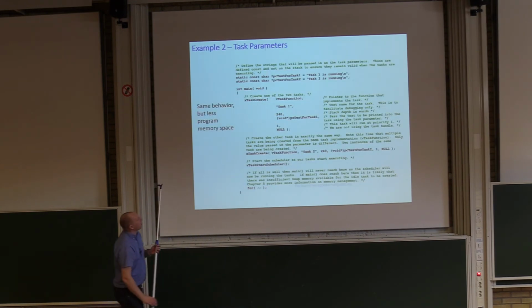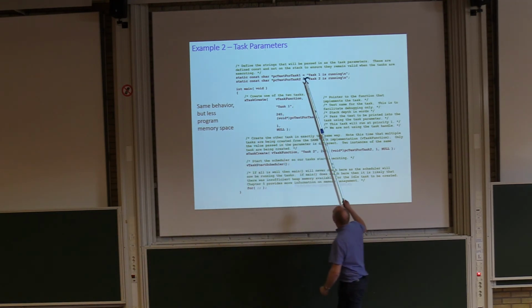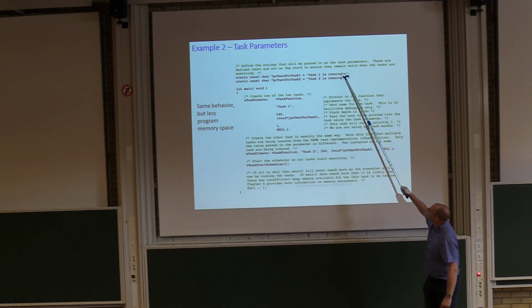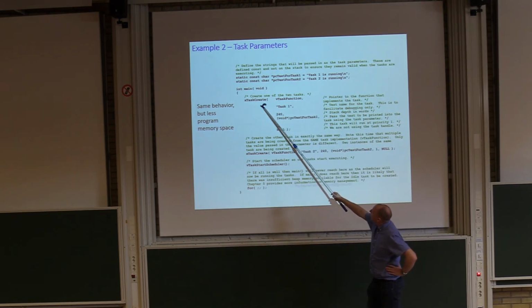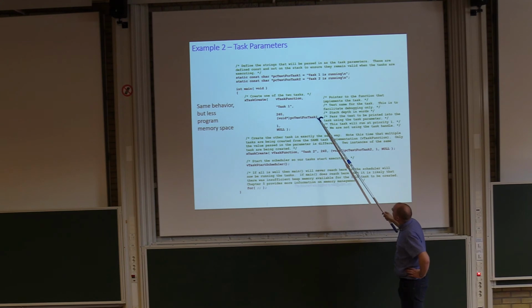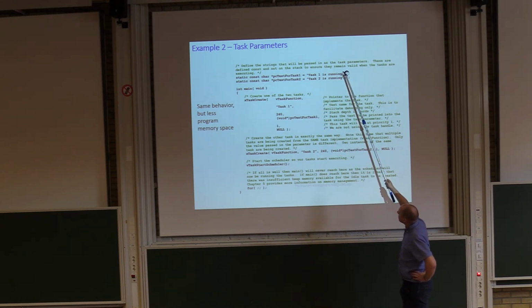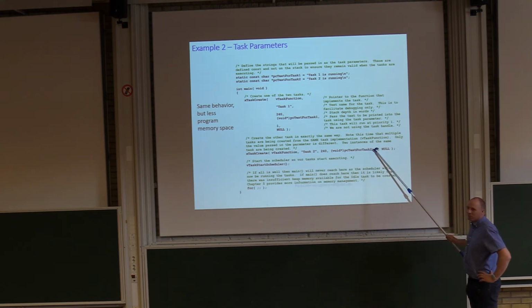If we look at the main program in this case, we create two global variables, one for task 1, another one for task 2. When we create the two tasks, we have the vTask function, which we saw on the previous page, and for the first task we send in this string, and for the second task when we create it, we send in the other string.